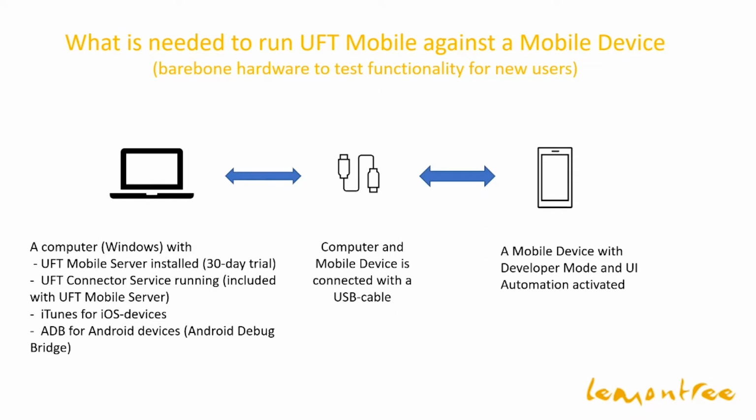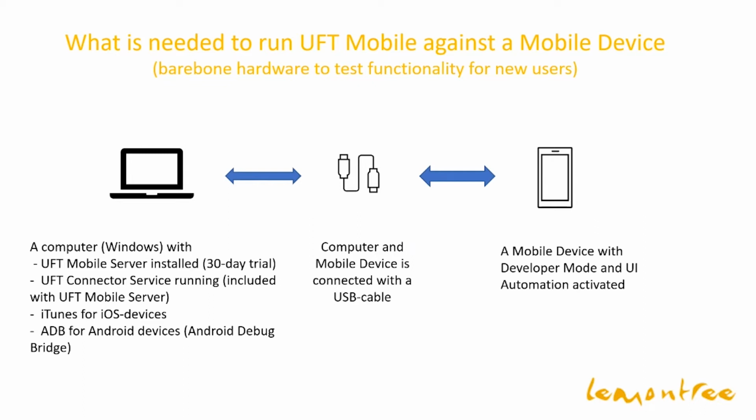So what do you need to run UFT Mobile against a mobile device if you want to test this? This is bare bone functionality. Well, you need a Windows computer with UFT Mobile server installed. There is a free 30-day trial available. You need the UFT connector service running. The connector service is what handles the connection with the physical mobile device. This is included with the UFT Mobile server.